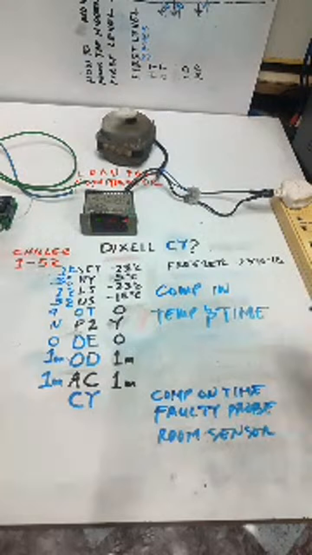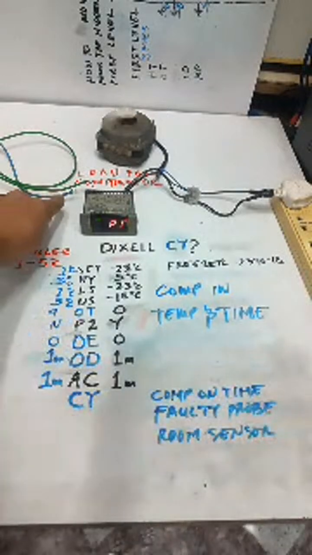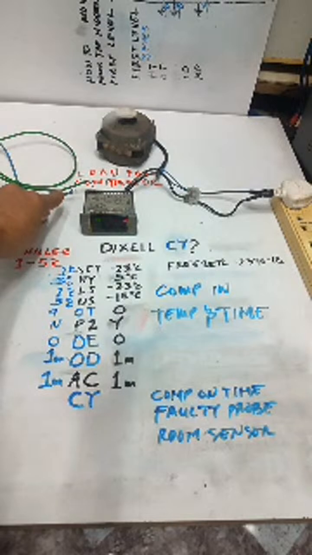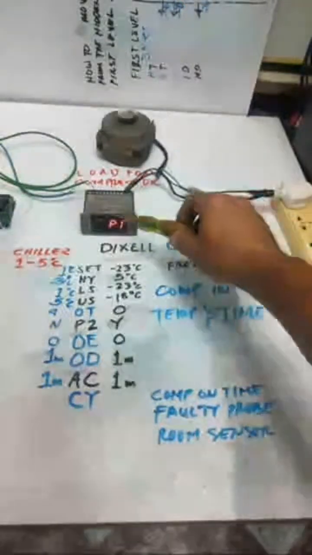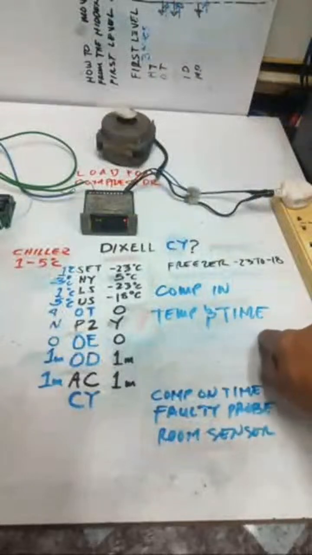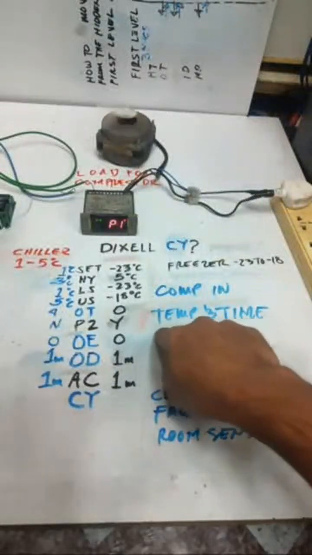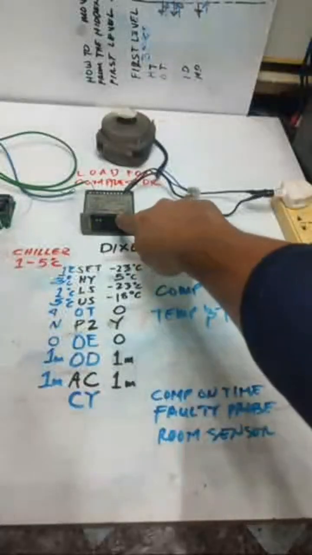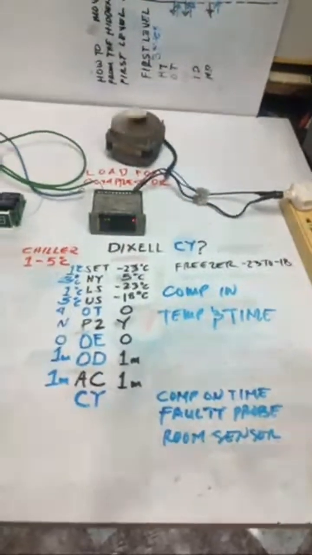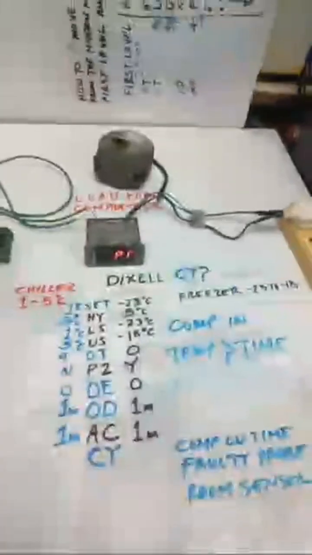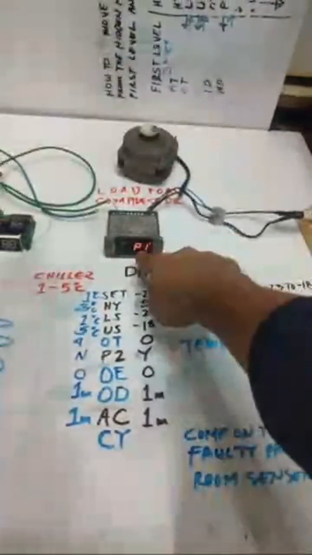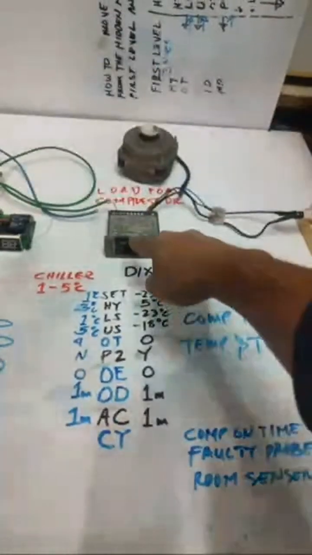And look what happens when I disengage one of the terminals of our sensor. We encountered a P1 error, but the compressor activates by time, not by temperature, because the current temperature, and take note, guys, I put that in my fridge, is negative 23.